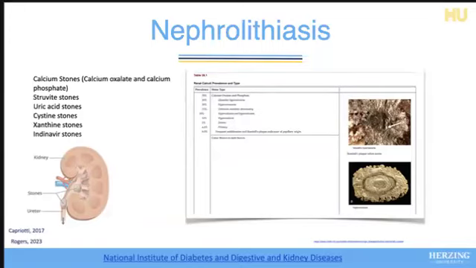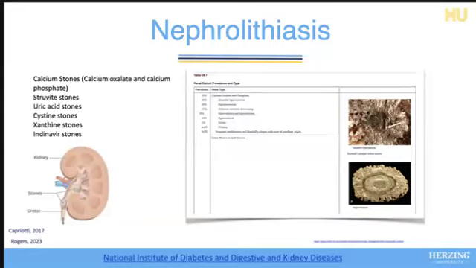So the urine is supersaturated with crystal-forming substances like calcium, oxalate, uric acid, and cystine. When the concentration of these solutes exceeds the solubility limits in the urine, they precipitate out and form crystals that can aggregate into stones.